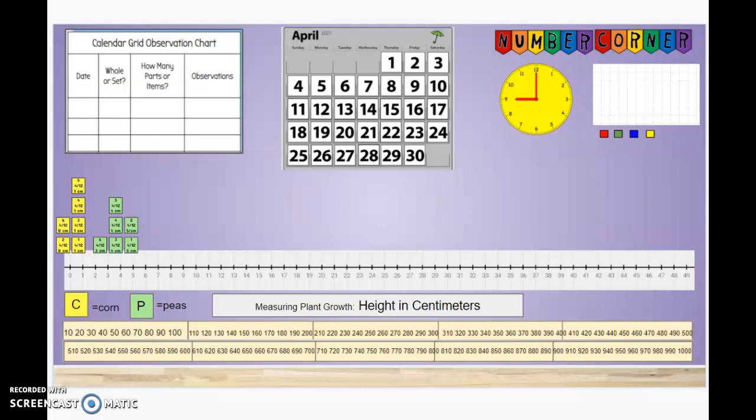For Number Corner today, we are going to be looking more closely at our calendar grid. Last time we looked at our calendar grid, we talked about our first 4 calendar markers and what fraction of the whole each picture was.